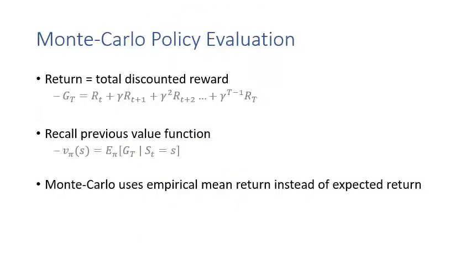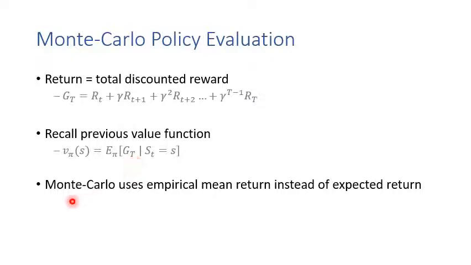Let's review the definition of return and the value function. The return is defined as the total discounted reward. So a return G_t is the sum of the rewards discounted by the factor gamma from R_{t+1} to R_T. Then the value function is just the expected return, based on the discounted total reward.